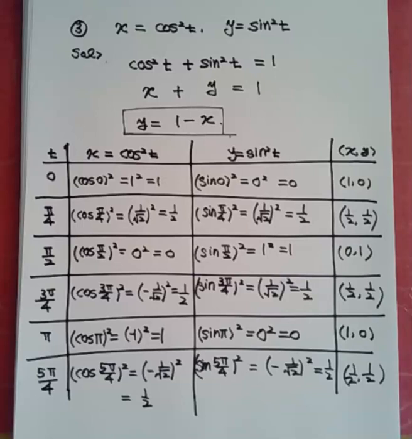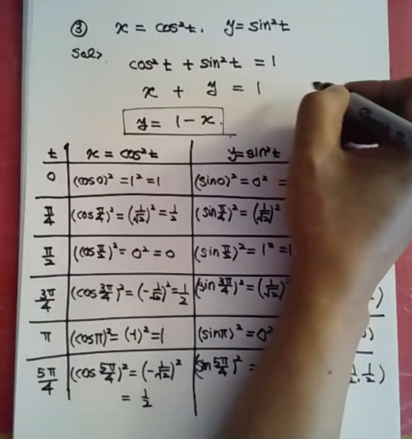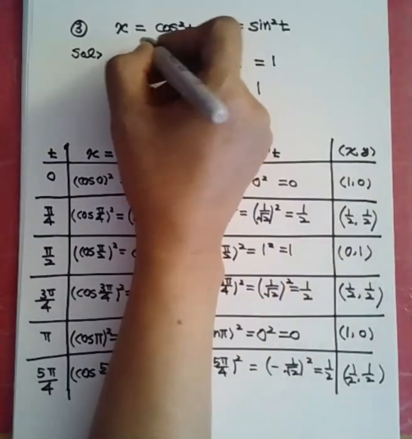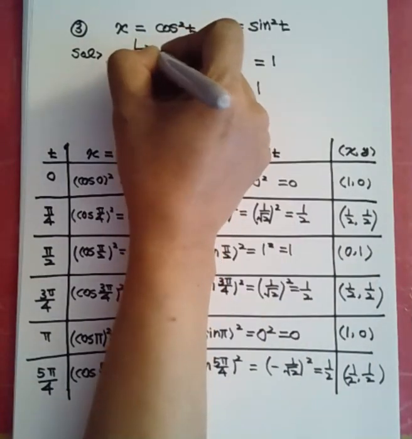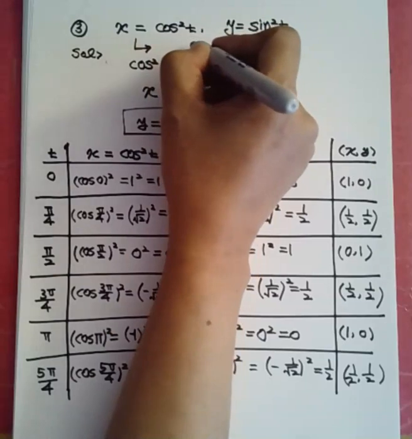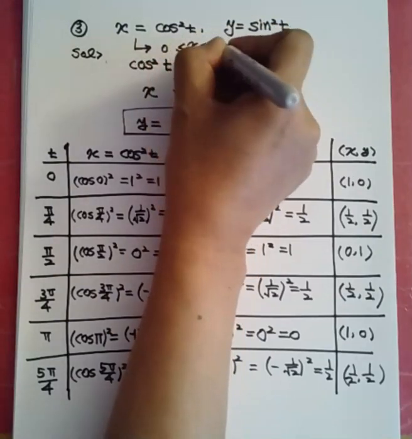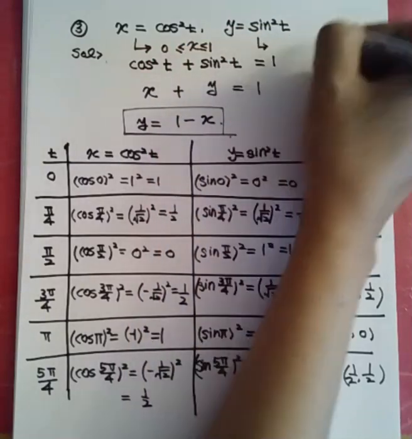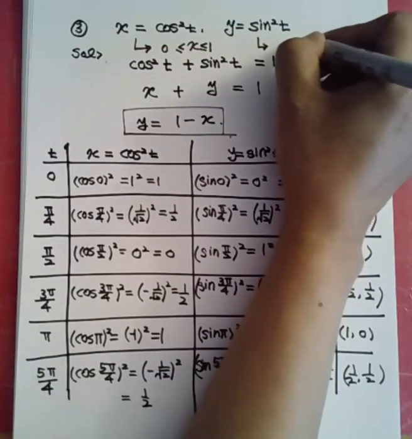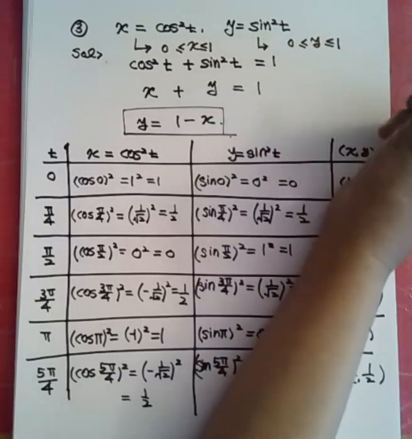So there is a maximum and minimum value for cosine and sine, and that determines the maximum and minimum value of x. From here, x ranges between 0 and 1, and y ranges between 0 and 1.